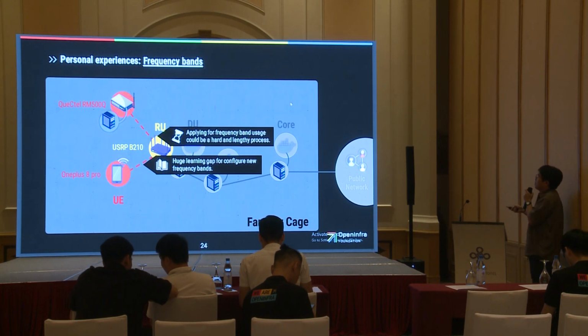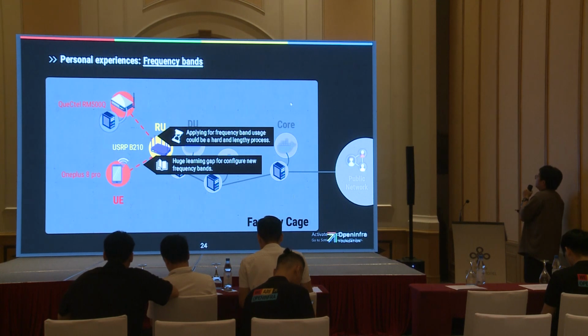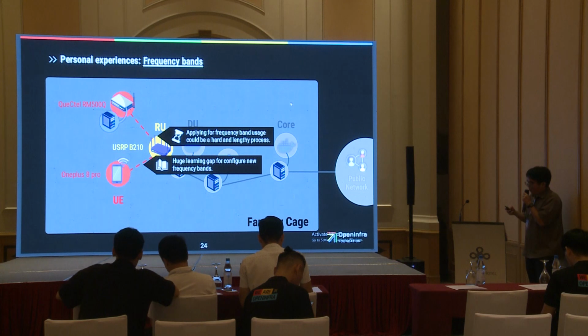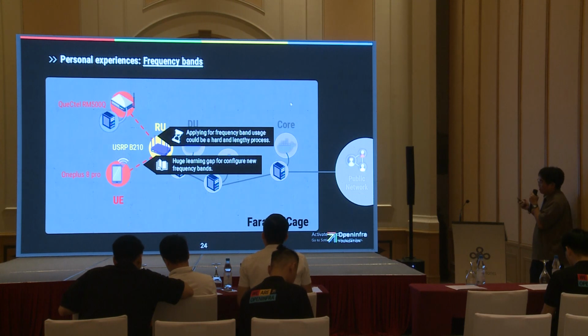And for the RU, the radio unit is also very important for the signal processing. Signal processing requires deep learning of how the frequency works in order to apply your own custom 5G signals. And this is a very, very steep learning cost.